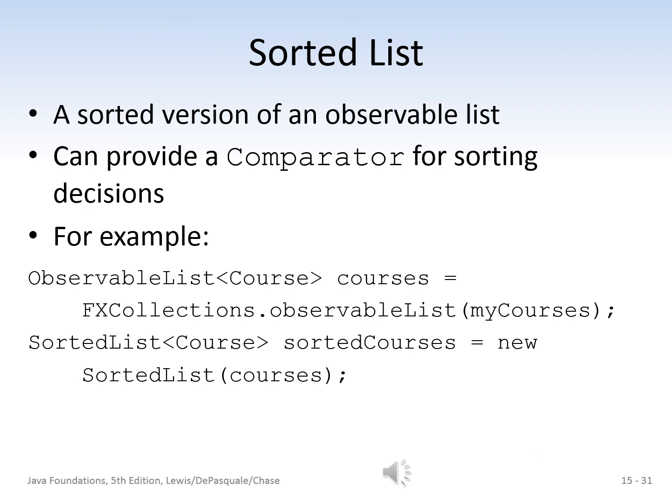When you have an observable list, you can provide a comparator for sorting decisions. And so this is the code that would create an observable list of my courses, and then it would create the sortable comparator for sorting those courses.